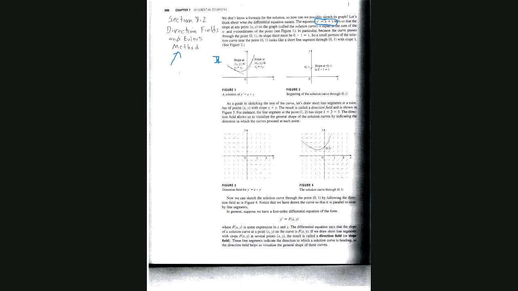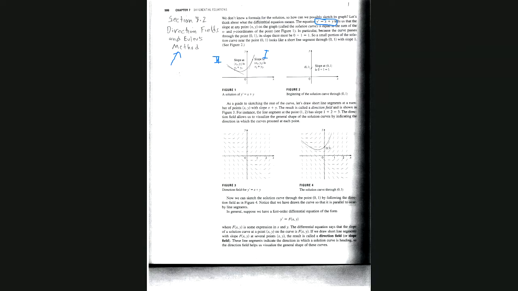And in the first quadrant, the slope of the tangent line is positive. So at the coordinate x1, y1, the slope is x1 plus y1, because y prime equals x plus y. And at the second point, x2, y2, the slope is going to be x2 plus y2.